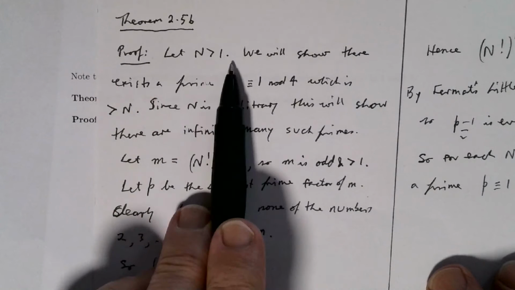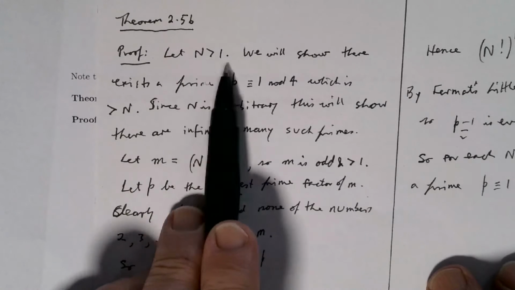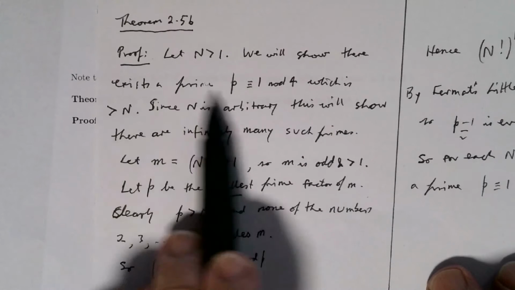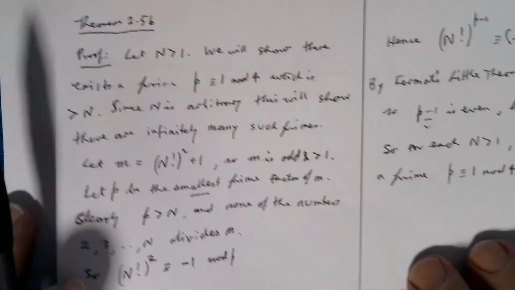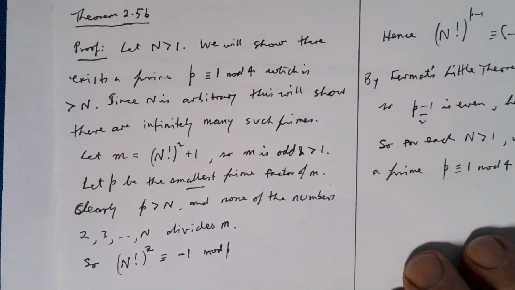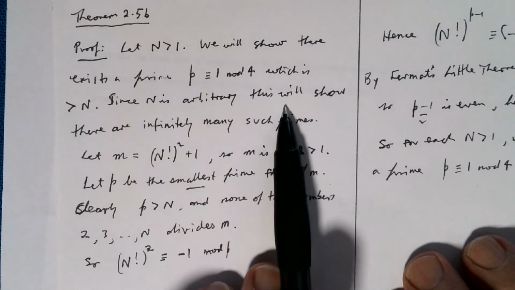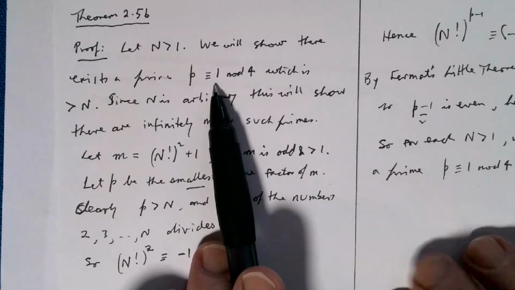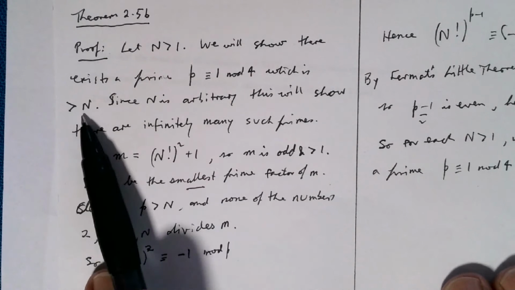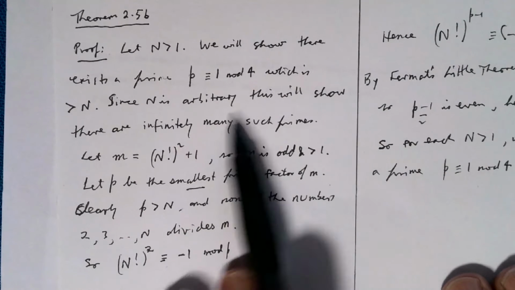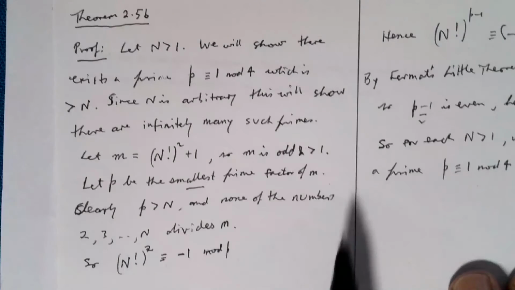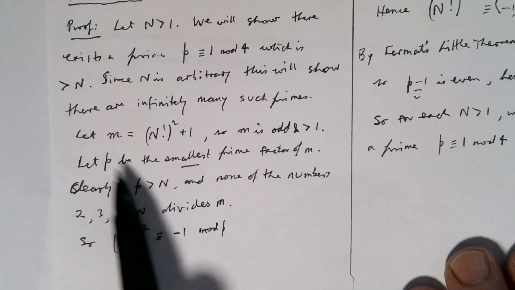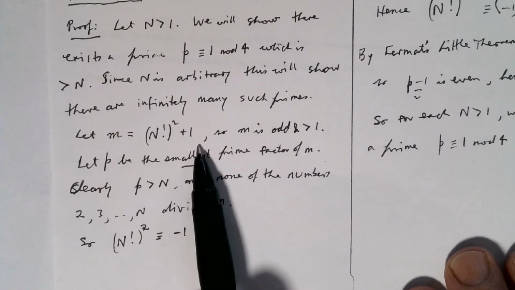We take any n bigger than 1, and I'm going to show that there exists a prime p, which is 1 mod 4, which is bigger than n. So we show how to construct a 1 mod 4 prime that's bigger than n. Since n is arbitrary, this will show that there are infinitely many such primes. And I'm going to let m be n factorial squared plus 1.